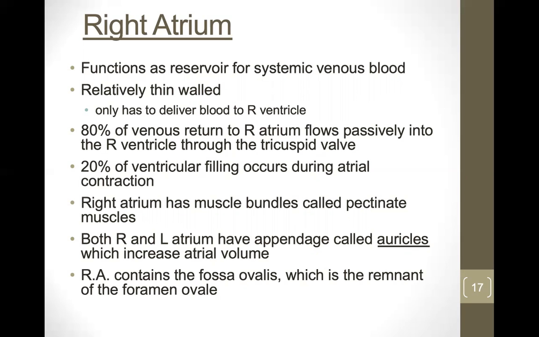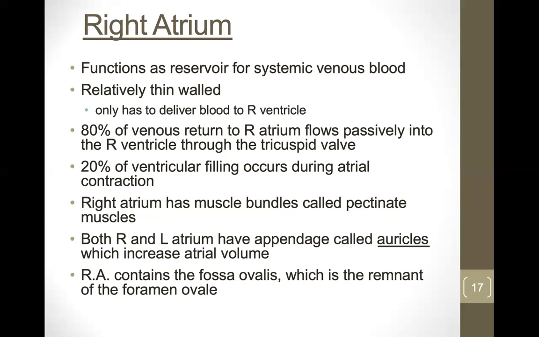The right atrium has muscle bundles called the pectinate muscles, so it does have a little bit of musculature. However, it's not a large amount, because as we said, 80% flows passively from the atrium into the ventricles.